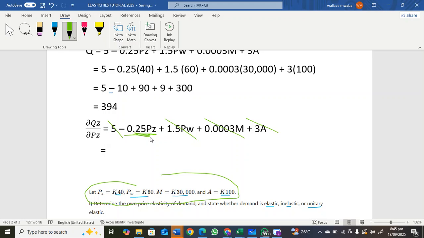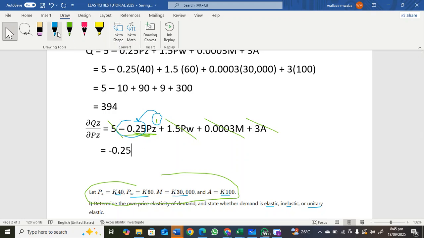Okay? So if you remember with differentiation, this PZ is like it's to the power 1. Whenever you are deriving, always multiply the exponent 1 times the coefficient negative 0.25. 1 times negative 0.25, that is negative 0.25.